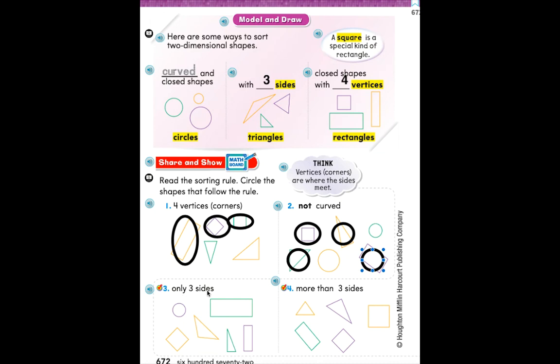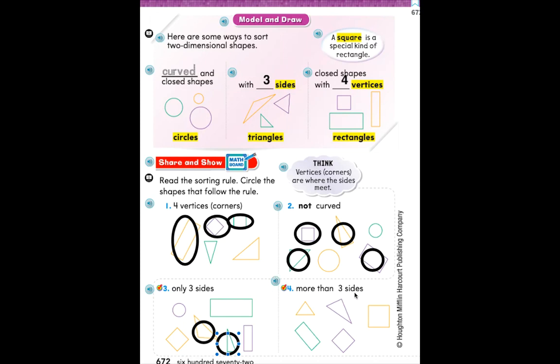Only three sides. The only shape which has three sides is the triangle. Circles have no sides as they are curved, and rectangles and squares have four sides. So the triangle has three sides, and we will circle the triangle. The rest are not three sides.